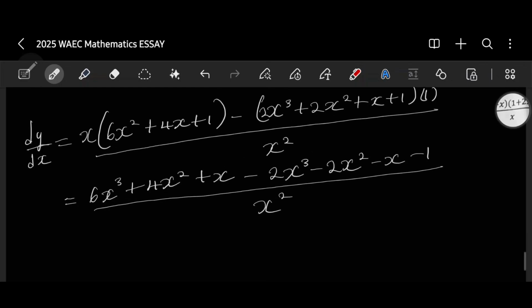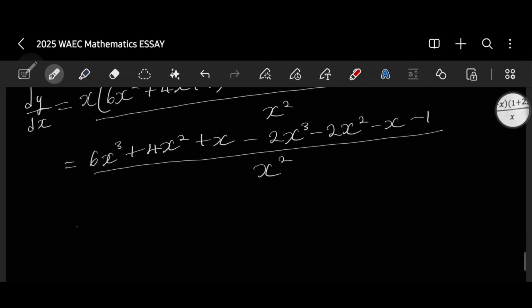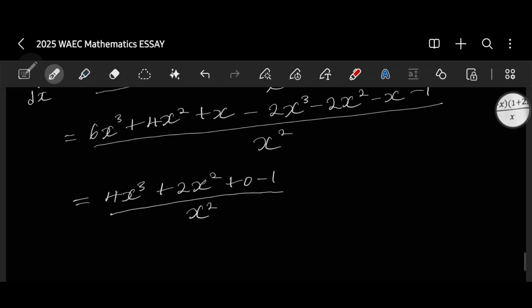We collect like terms. 6x cubed minus 2x cubed leaves 4x cubed. 4x squared minus 2x squared gives 2x squared. x minus x gives 0, and we are left with minus 1. So all this over x squared.